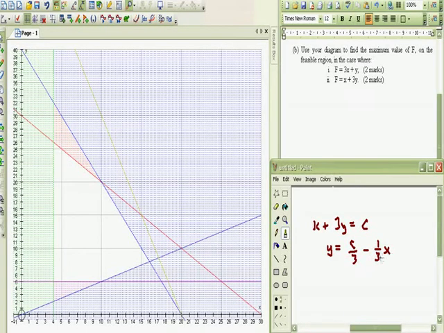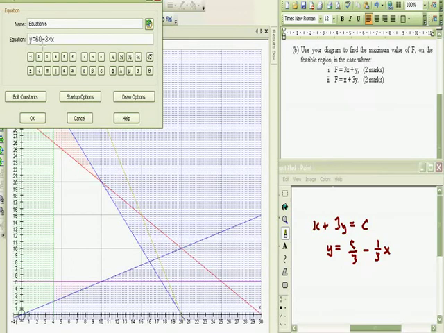So this line still has negative gradient, but the gradient is this time minus 1/3, which is a lot less steep. Let's put that in as 30 take away 1/3 x.